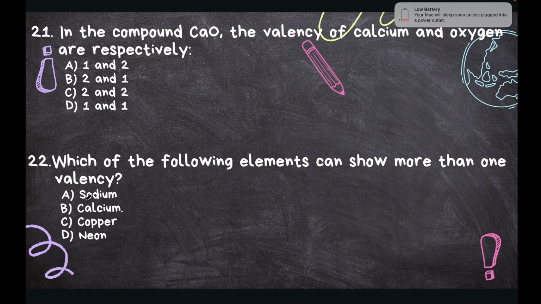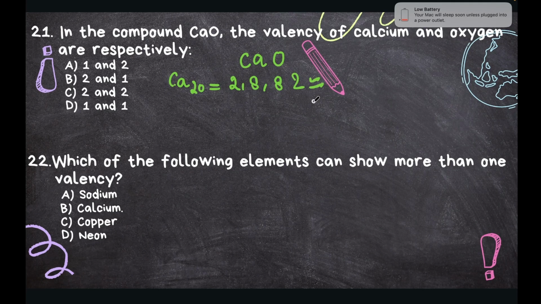Next is, in the compound calcium oxide, CaO, the valencies of calcium and oxygen are respectively. Here we will use the criss-cross method. First we write the atomic number of calcium, which is 20, and its electronic configuration will be 2, 8, 8, 2.